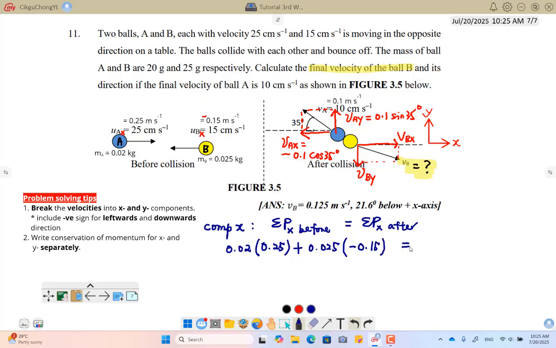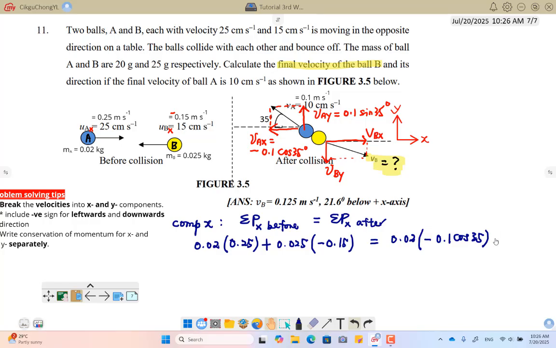Okay. Then after collision, we have ball A moving leftwards with a velocity negative 0.1 cos 35, plus ball B moving with a velocity VBX.